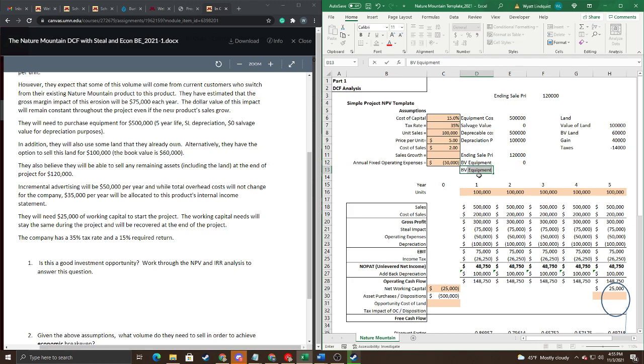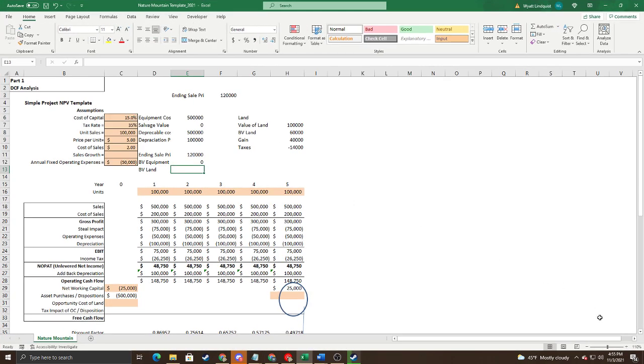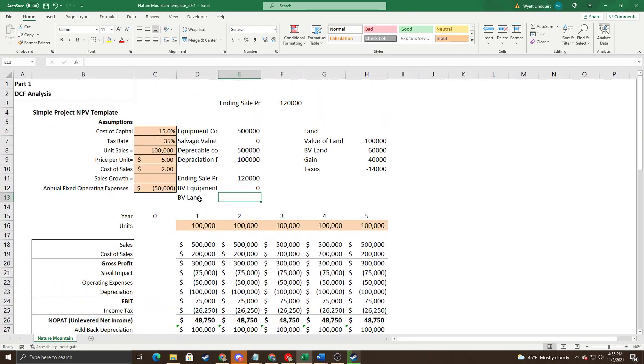However, there is the book value of the land, which we've actually kept, because it shows right here that you'll be able to sell remaining assets, including the land, for $120,000. So we need to include that as well. So we have the ending sale price, the book value of equipment, and the book value of land.